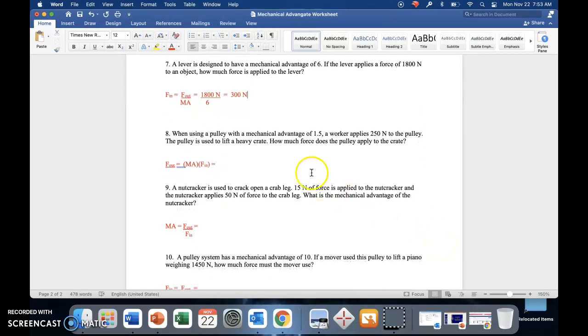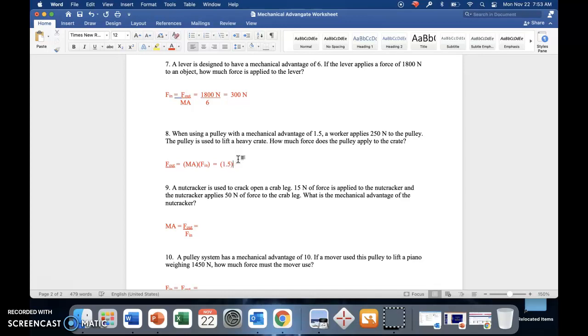Number 8, how much force does the pulley apply? So again, this becomes a force out because what is the machine doing? So we work through this problem, and we find our mechanical advantage. If we read through the machine, it says the mechanical advantage is 1.5.